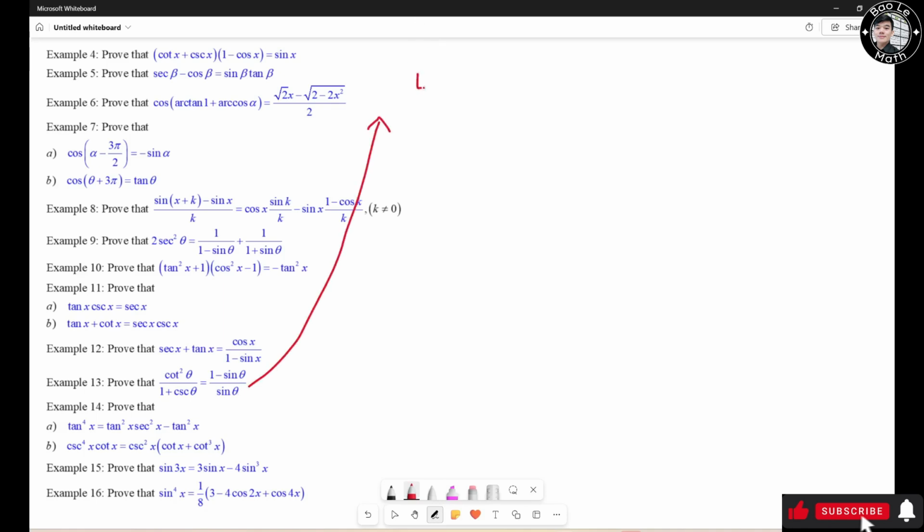Alright, so we're going to start from the left hand side. It's going to be cotangent square of theta over 1 plus cosecant theta, right? Cotangent square of theta is going to be cosecant square of theta minus 1 over cosecant of theta plus 1, right?